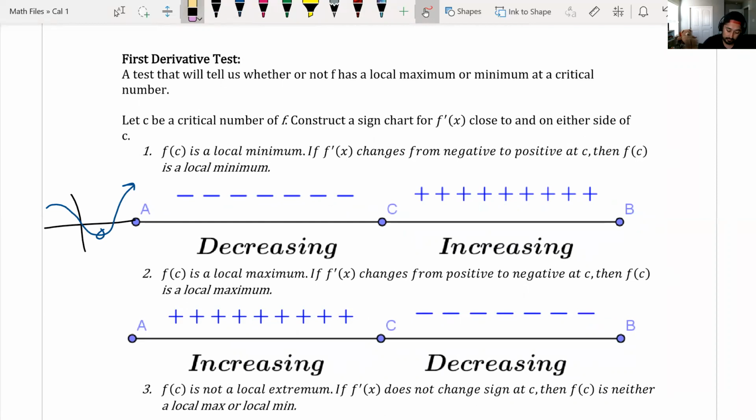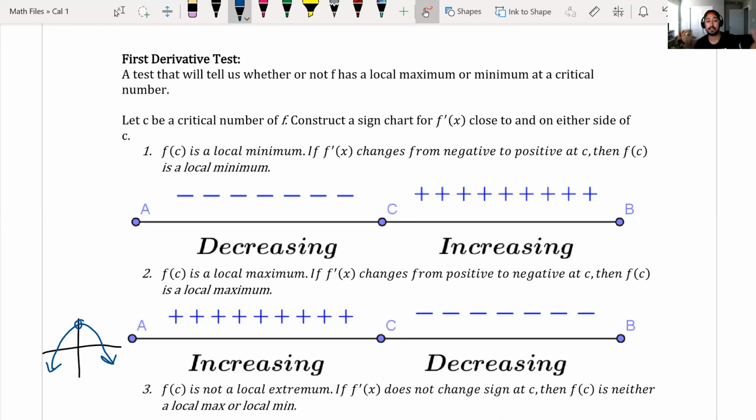And then you have a maximum if your derivative is positive and goes negative. This means that if I do my graph again, let's say my function now increases and then decreases. This high point would be a maximum. So you increased and then you decreased.